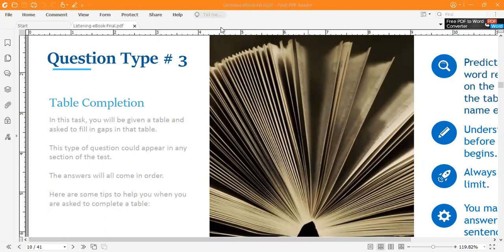Also, we studied how to complete the form. And we said a form is an easy question, and usually comes in the beginning, task number 1, and you need to complete maybe dates, numbers, names, addresses, and so on.